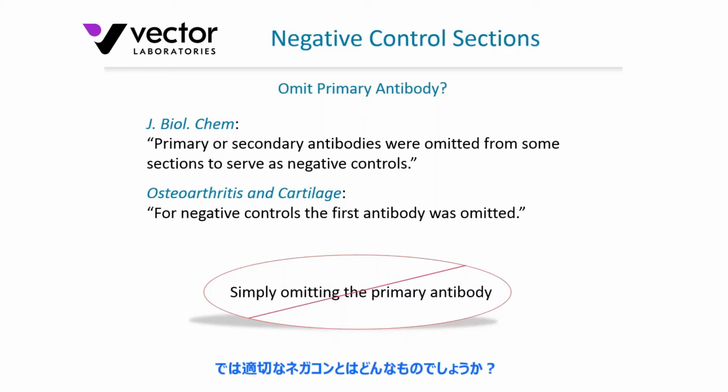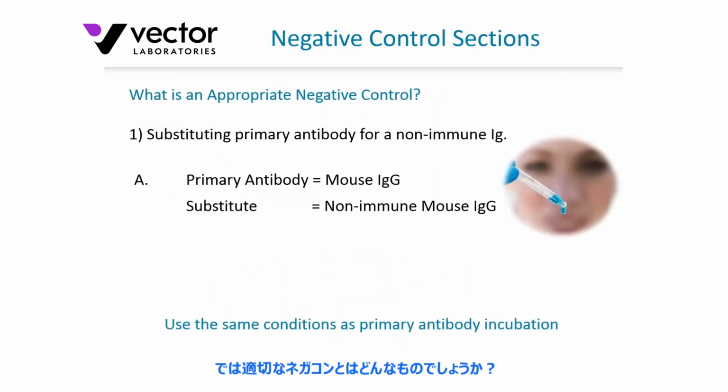Okay, so this raises the question, what is an appropriate negative control? The one I've got here, substituting a primary antibody for a non-immune immunoglobulin, is probably the most widely used and easiest to implement. The example I've got here is if your primary antibody is a mouse IgG primary antibody.